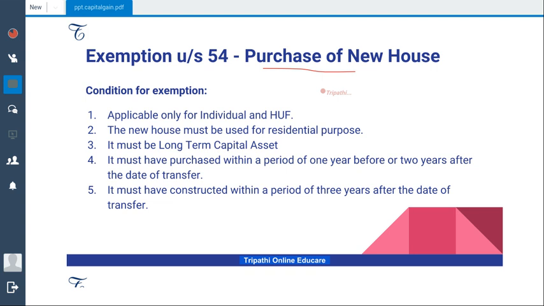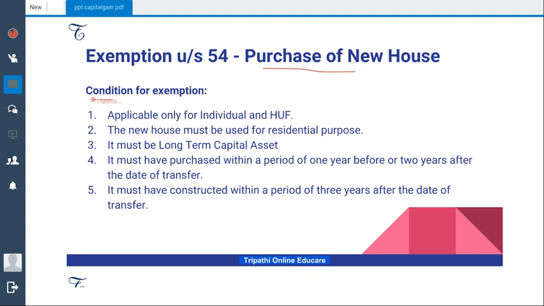So selling price minus cost price, that is 35 lakhs minus 30 lakhs, profit will be 5 lakhs. Profit is nothing but we are talking about gain. It's a capital gain. So your capital gain is 5 lakhs. Now if you invest this 5 lakh in the new house, then you get exemption. That means you don't have to pay capital gain tax on this 5 lakhs. Why? Because you invested this 5 lakh for the purchase of a new house, right?